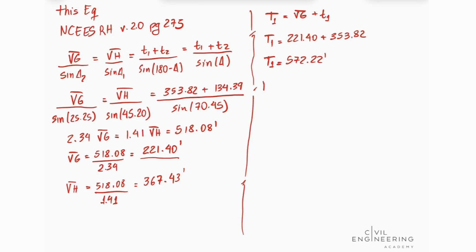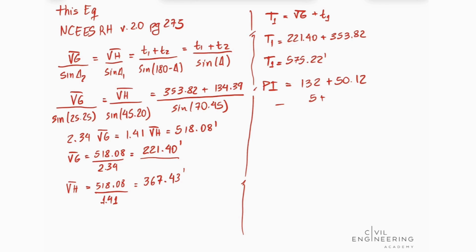We were given our PI. We know that our PI is equal to 132 plus 50.12. And we're going to subtract from our PI our tangent 1. So we're going to subtract this value. Actually, the T1 is 575.22, and we're going to subtract this value from our PI.